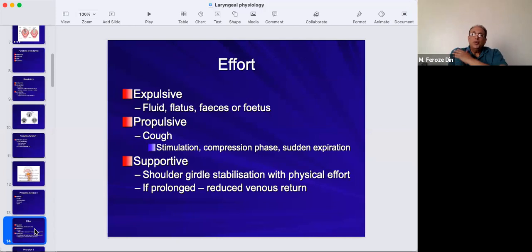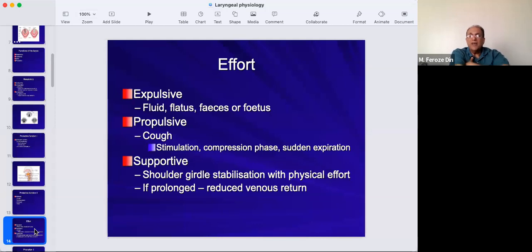Effort, I mentioned to you about the famous Serena grunt, but effort can be of three types, where the first one is expulsive. Whenever one wants to remove something from the body, and this could be fluid, flatus, feces, or fetus, all Fs. Whenever you want to remove this from your body, you will need expulsive effort.